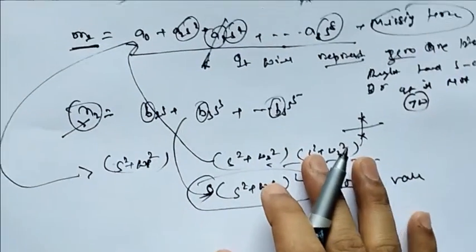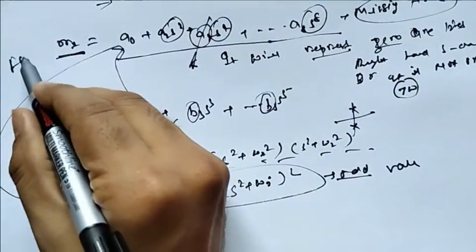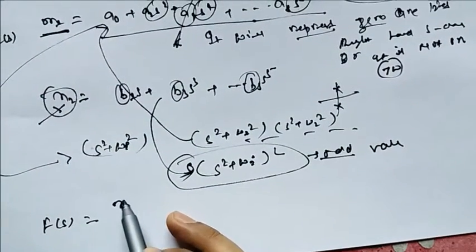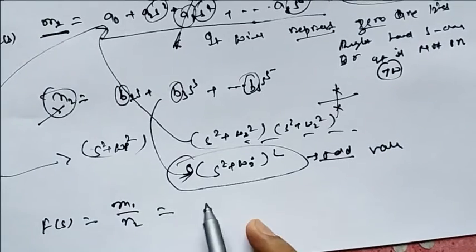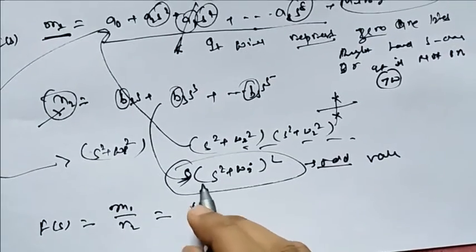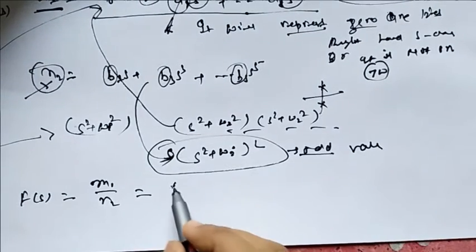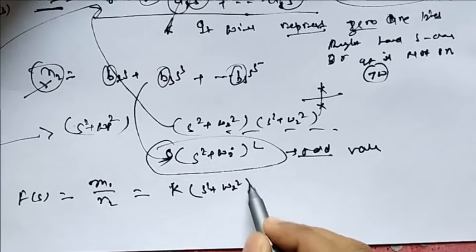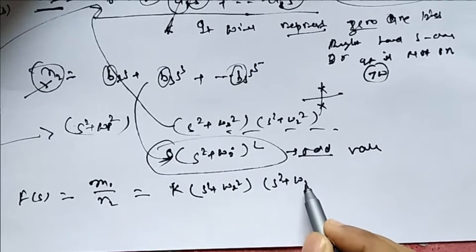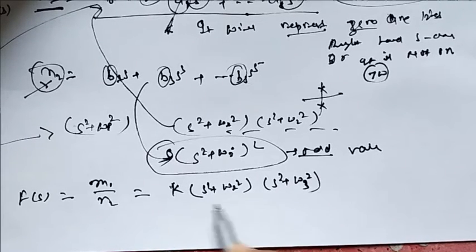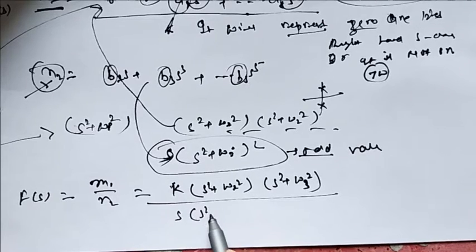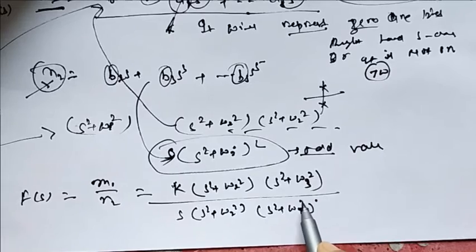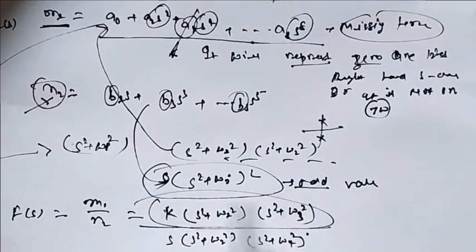So we can sum up this function F(s), M1 by N2, as k times (s square plus omega 1 square)(s square plus omega 3 square) by s times (s square plus omega 2 square)(s square plus omega 4 square).